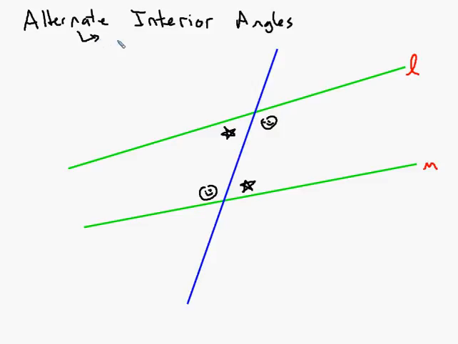Alternate interior angles are inside the lines but on opposite sides of the transversal.